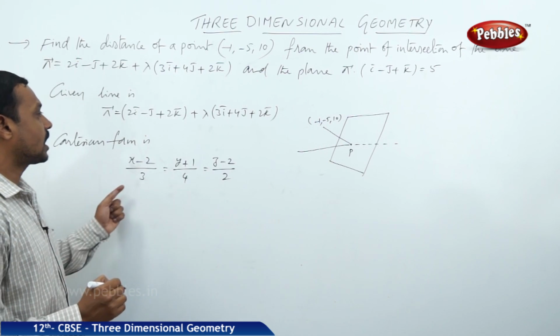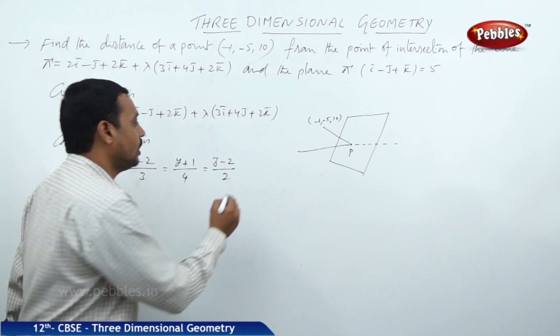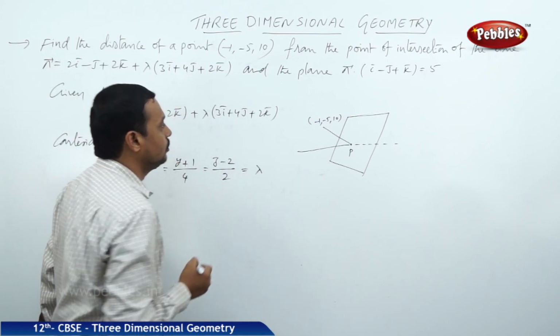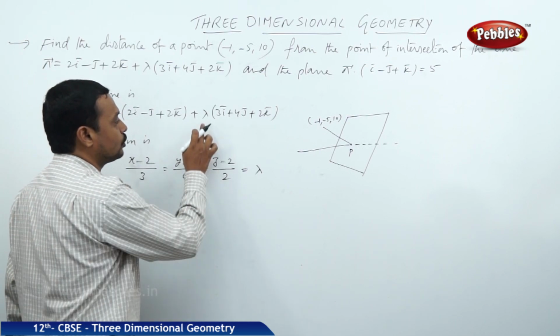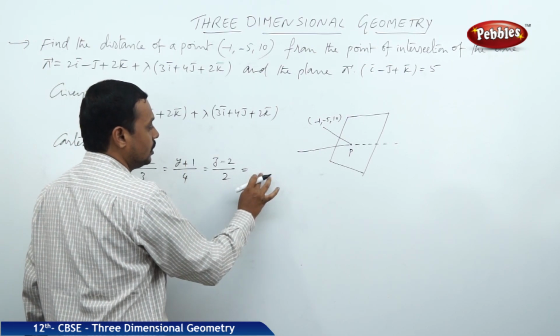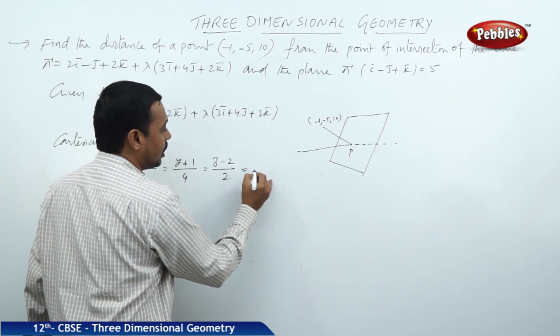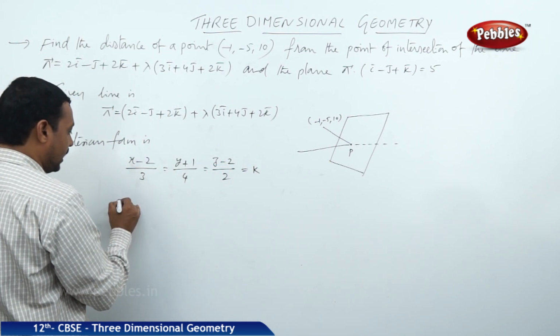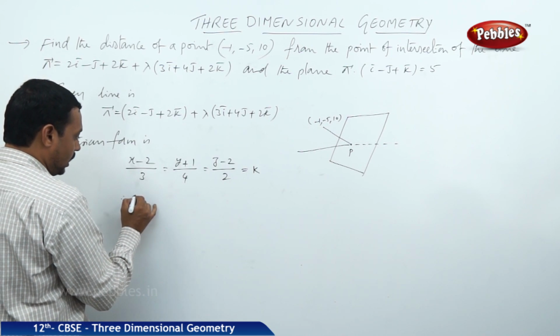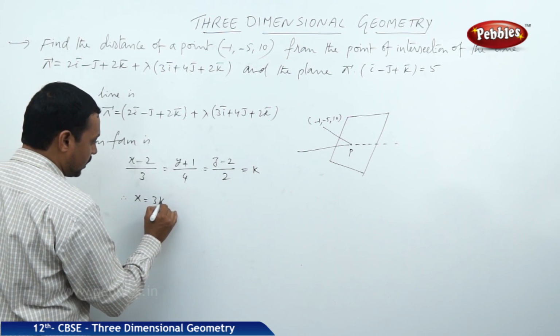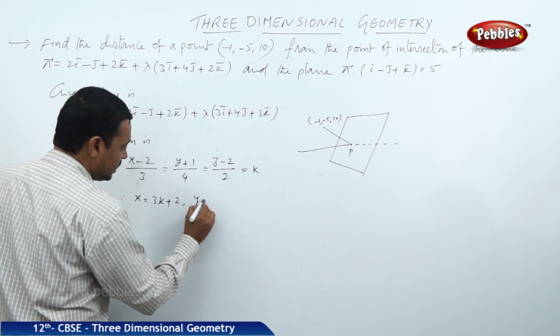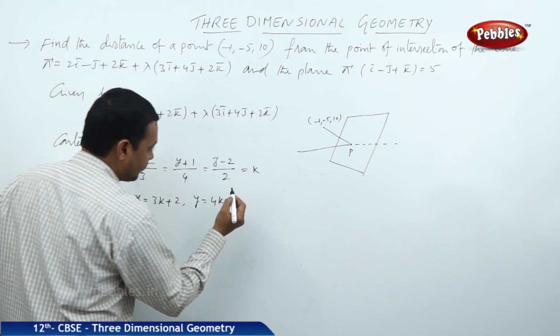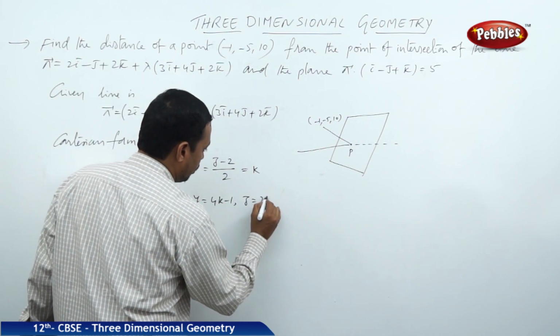Now, this is the Cartesian equation of the line. Let it be some value lambda. Of course, lambda is already used, so let it be some constant k. Now, from here x is equal to 3k plus 2, y is equal to 4k minus 1, z is equal to 2k plus 2.